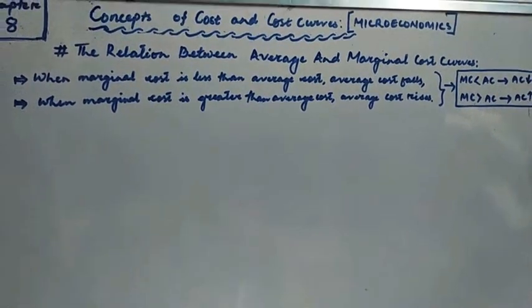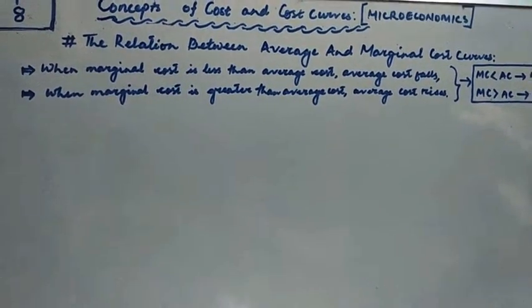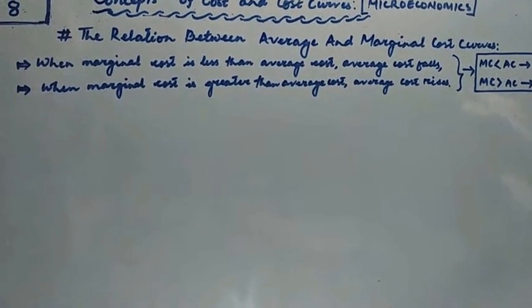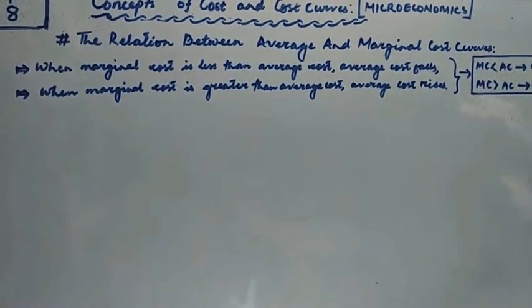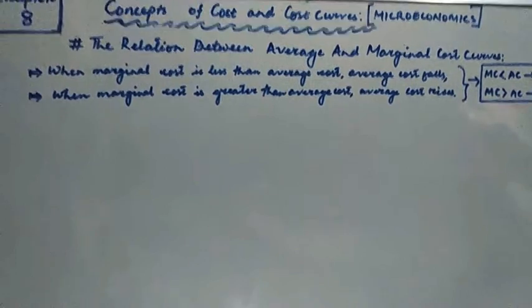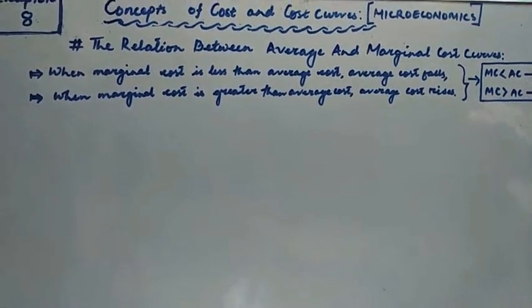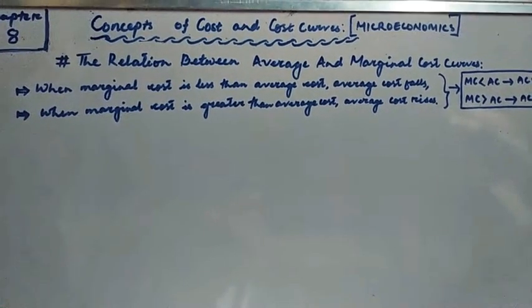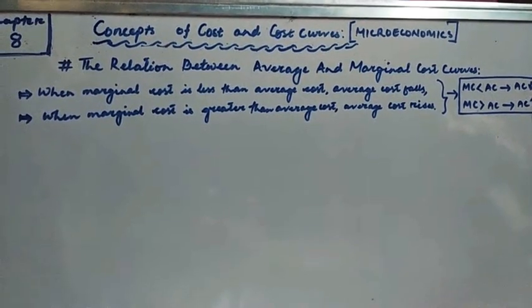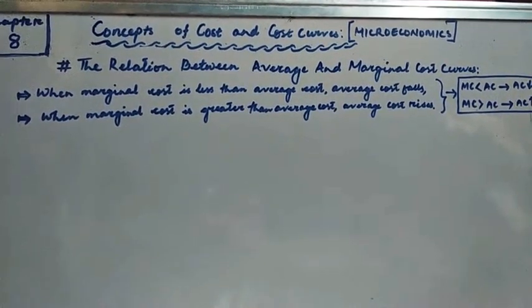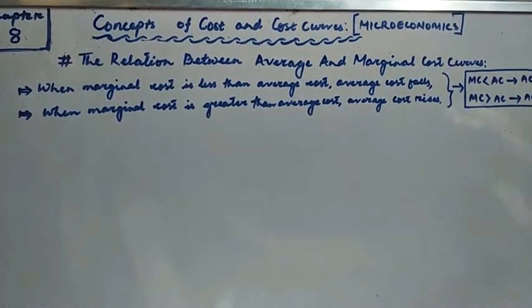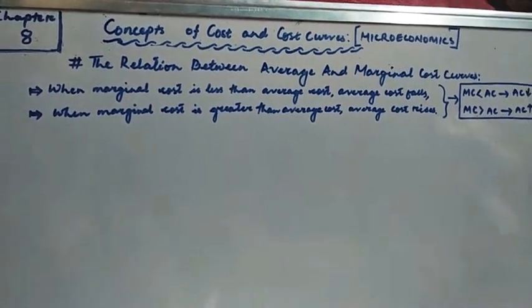The relation that occurs between marginal cost and average cost is the same as that between any other marginal and average quantities. Marginal means the additional. Average cost, you know what is average, you know how to find out the average.